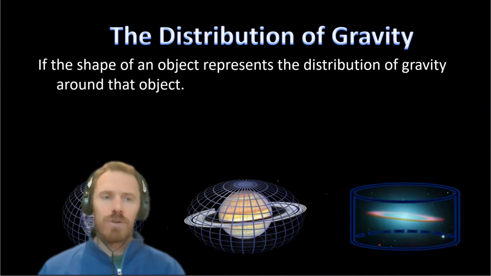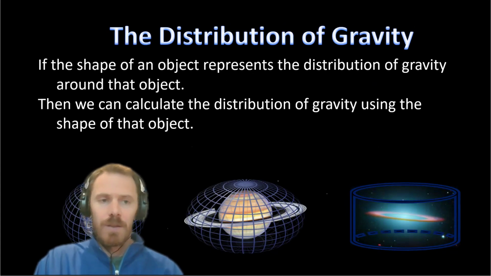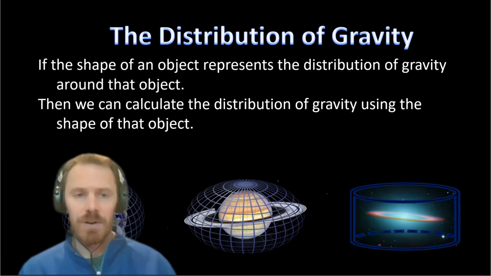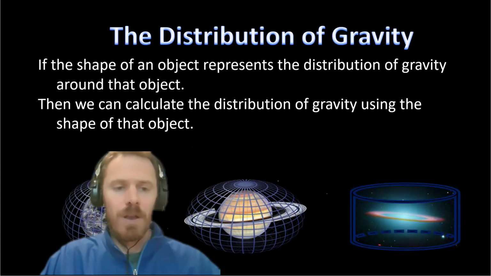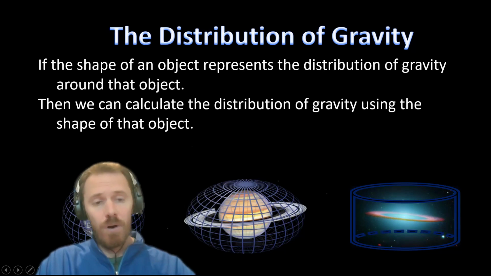When we're looking at the distribution of gravity, if the shape of an object represents the distribution of gravity around that object, then we can calculate the distribution of gravity using the shape of that object. In a non-rotating mass, we can use classical Newtonian physics, or we can use the distribution of gravity as the surface area of a sphere.